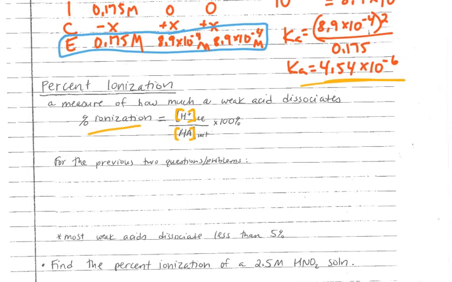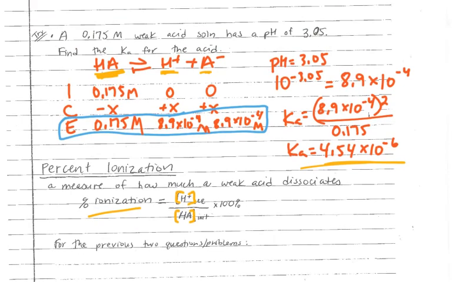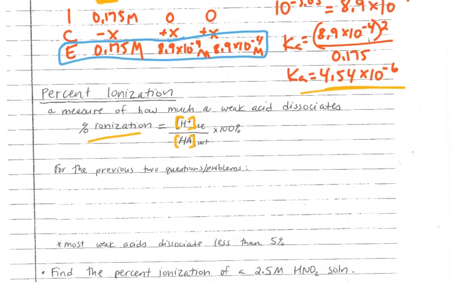So for the previous two questions, in both of the questions we were calculating the hydrogen ion concentration and we were given an initial acid concentration. So for that first one, we calculated 5.6 times 10 to the negative fifth as the concentration of the hydronium ions, and the initial concentration was 0.2 molar.